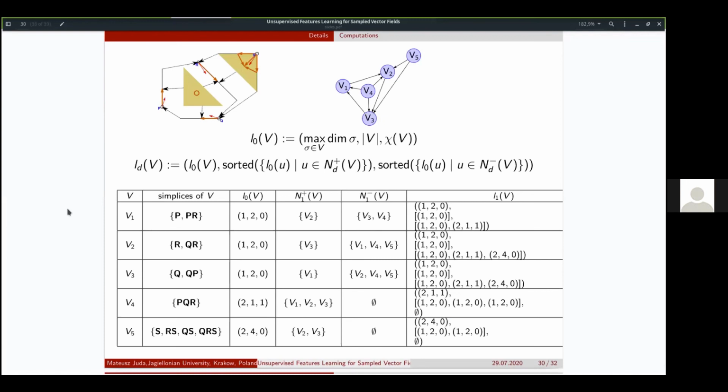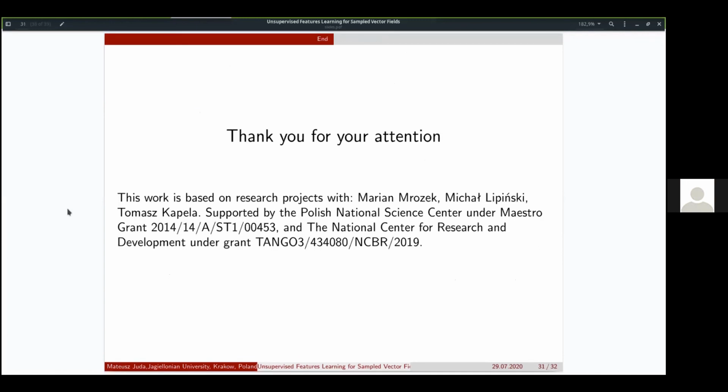In three-dimensional cases, a value of d like 1 is usually enough. For the examples which I showed you, which were two-dimensional, I used a value of d of 3 or 4. Okay, so that's all. I hope that I explained the method to you, and I'm open to some questions, comments.